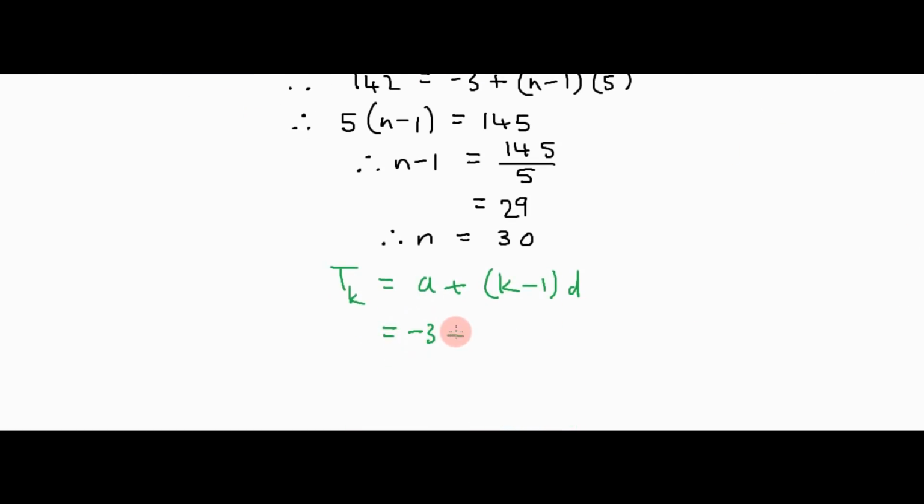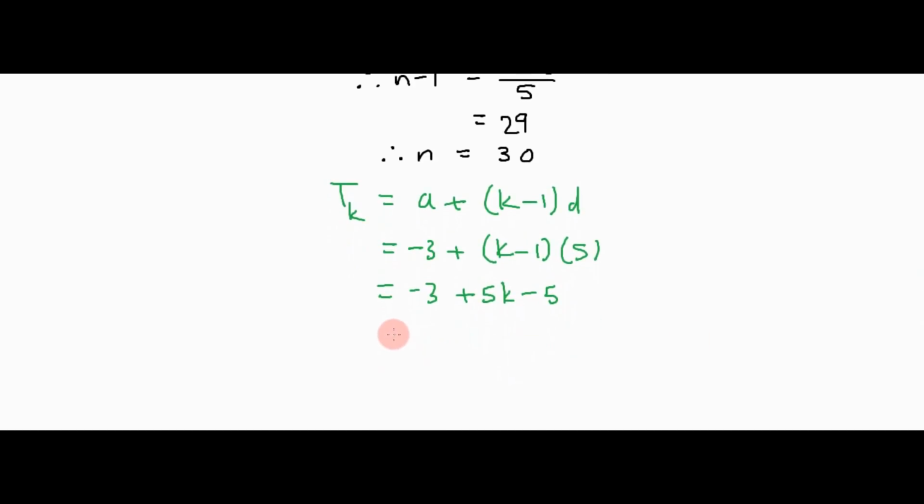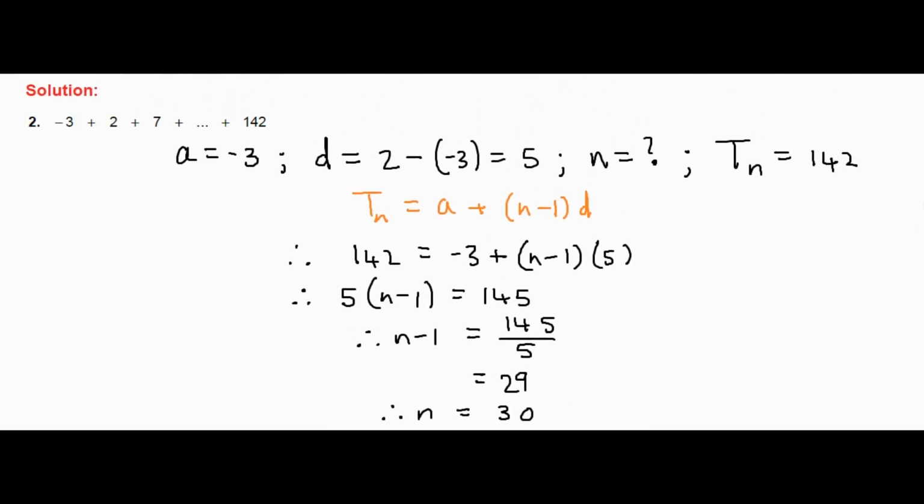So -3 plus k minus 1 times 5. We simplify, and we see that T sub k, the general term, is 5k minus 8. Now we can write down the sigma notation.